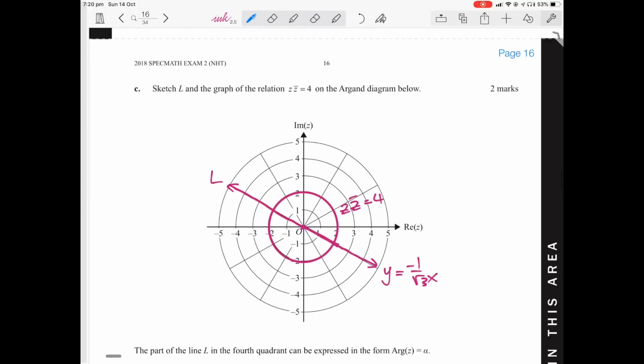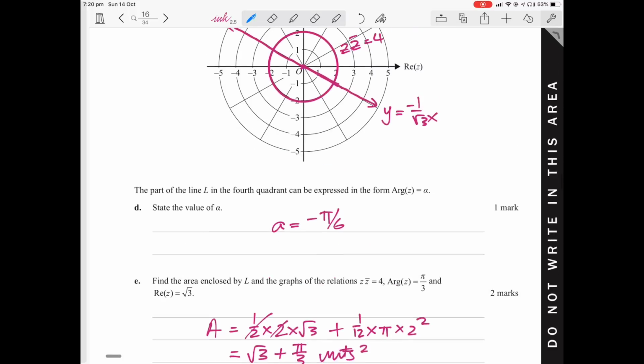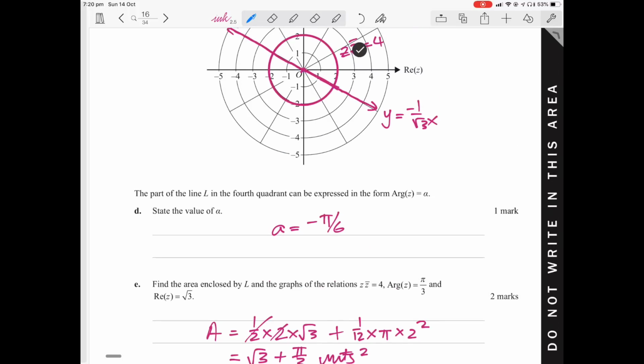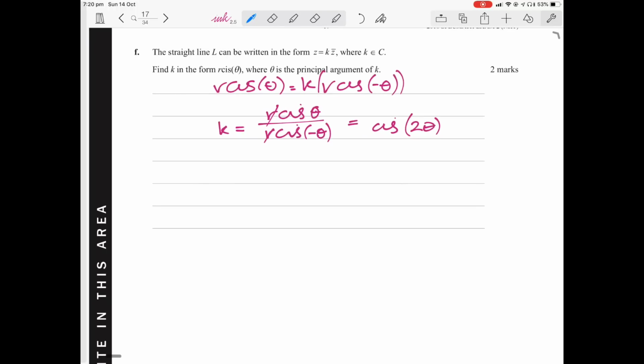We worked out what the angle was, didn't we? That angle's pi on 6. Right, so we know that angle's pi on 6. So K equals cis 2 pi on 6, which is cis pi on 3.